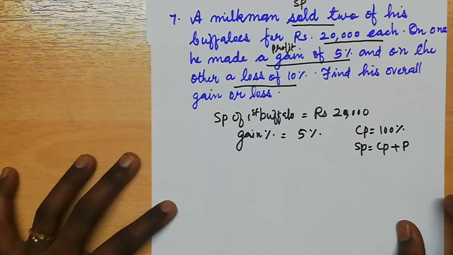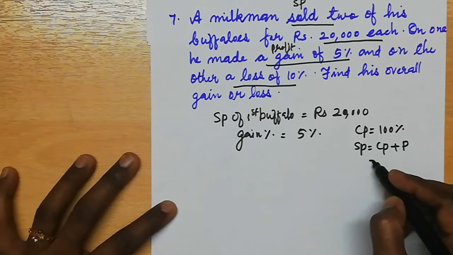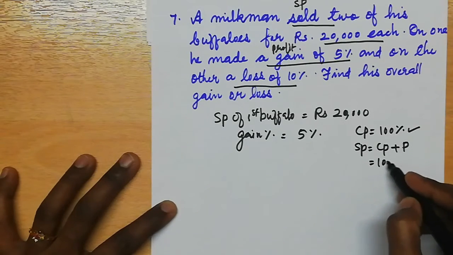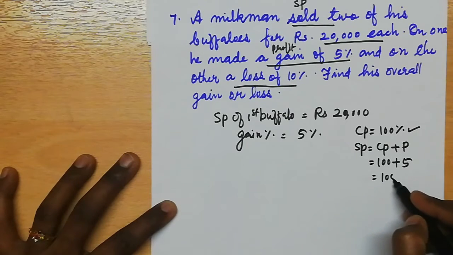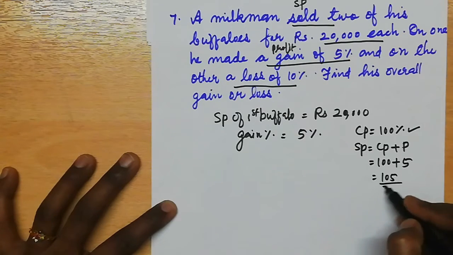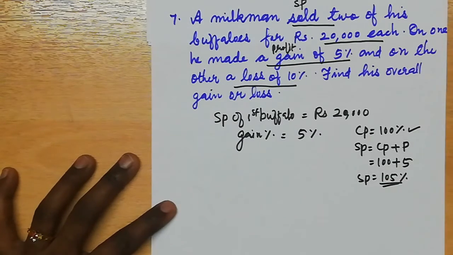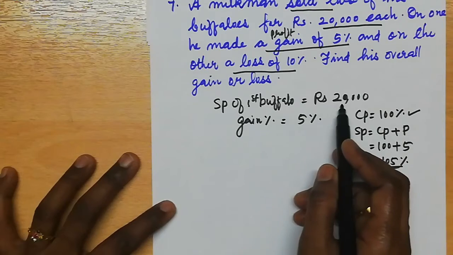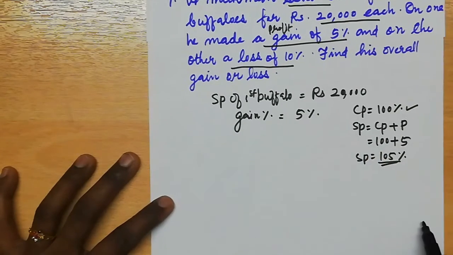If there is a loss, we should subtract. Here there is profit, so cost price plus profit. Cost price is 100, profit is 5, so in total 105 is the selling price. That is, 105% is the selling price, which is given as 20,000.